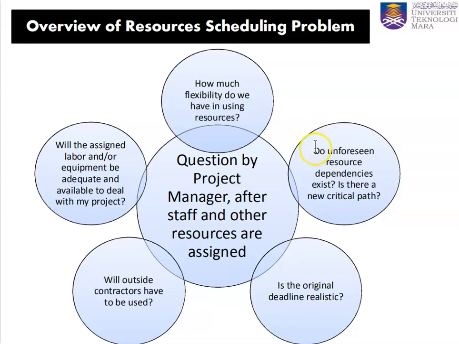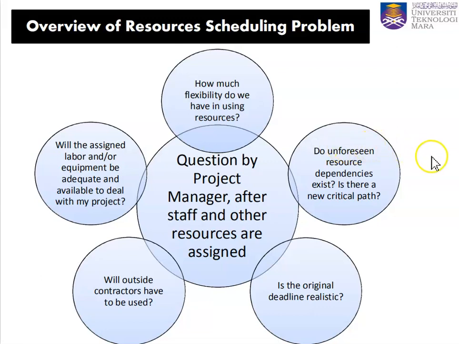So what things come into the project manager's mind when all the staff and other resources are already assigned? These are some of the problems that project managers should think about. How much flexibility do we have in using our resources?